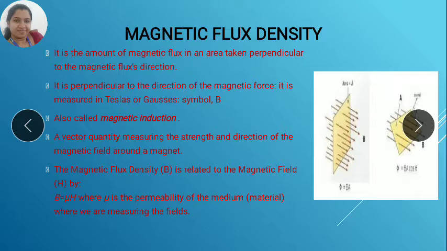Permeability is equivalent to a resistive force, a force which opposes magnetization. The permeability of the medium opposes the material from magnetization. That is mu. So this is magnetic flux density, which is nothing but the induced magnetic field.